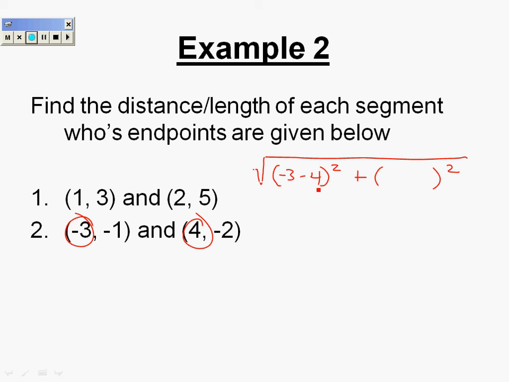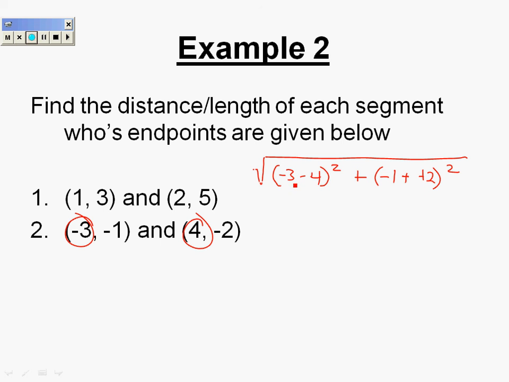And what are my y values? Now watch this carefully here. Ready? Negative 1 minus negative 2. Watch out for those double negatives, okay? The formula contributes a negative, and then we're plugging in a negative, which actually makes positive. So let's go ahead and work this out now, see what we get.